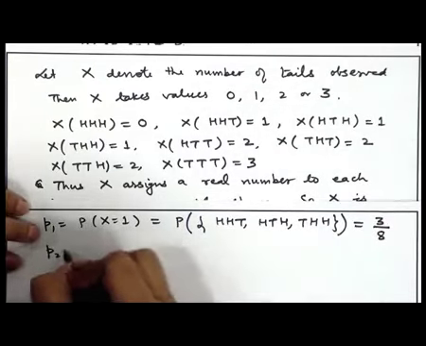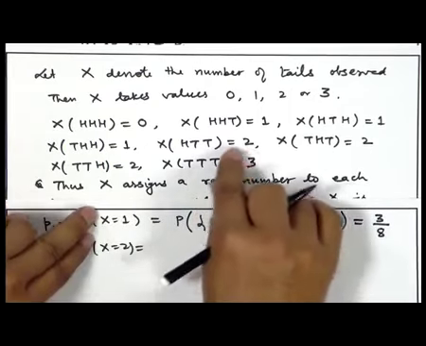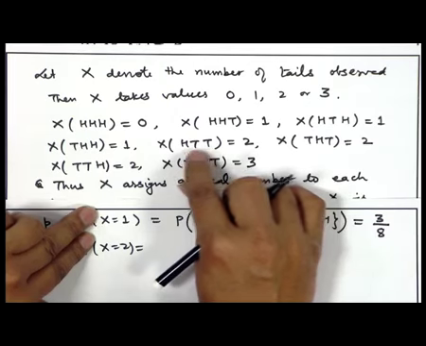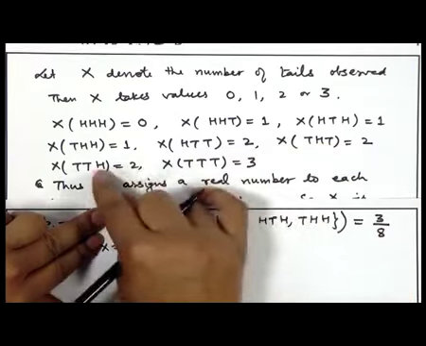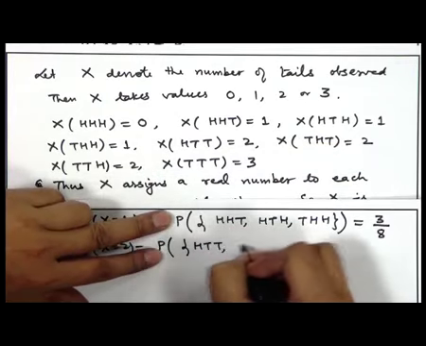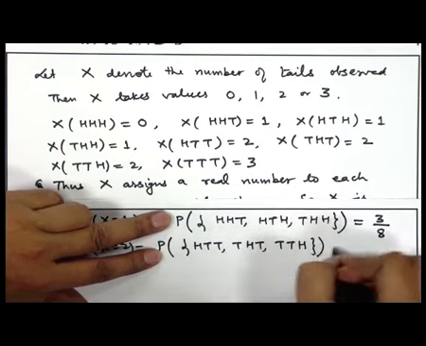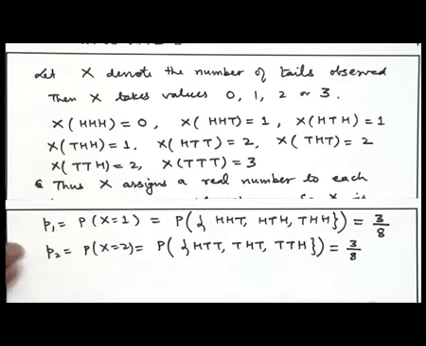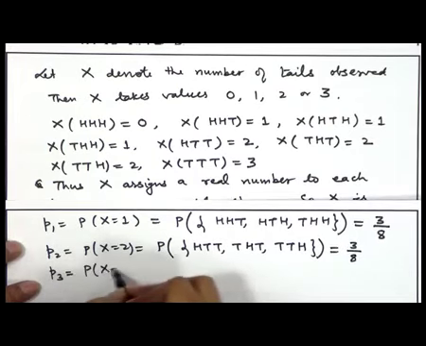Similarly, if I look at the probability of X equal to 2, then you can see that X takes value 2 when 2 tails are observed, that is corresponding to HTT, THT and TTH. So, that is the probability of HTT, THT and TTH. Again you can see that this probability is equal to 3 by 8. Similarly, you can see P3, that is the probability X equal to 3.